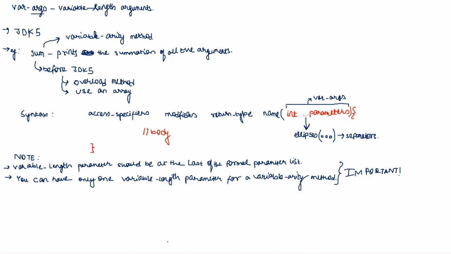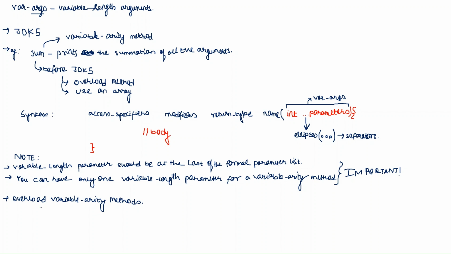Now you can also overload variable arity methods. So you can create multiple versions of the same method having variable length arguments. And a varargs method can also be overloaded by a non-varargs method.